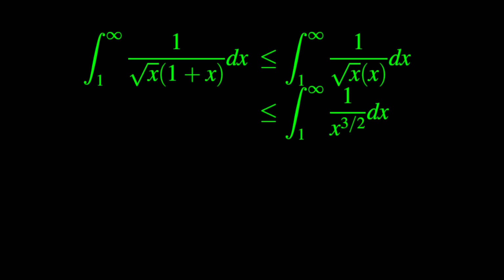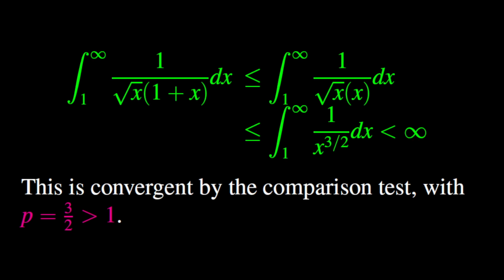Which is equal to the integral from 1 to infinity of 1 over x to the power 3 half dx. This integral is convergent by the comparison test with the test function 1 over x to the power p, with p equals 3 half, which is strictly greater than 1.